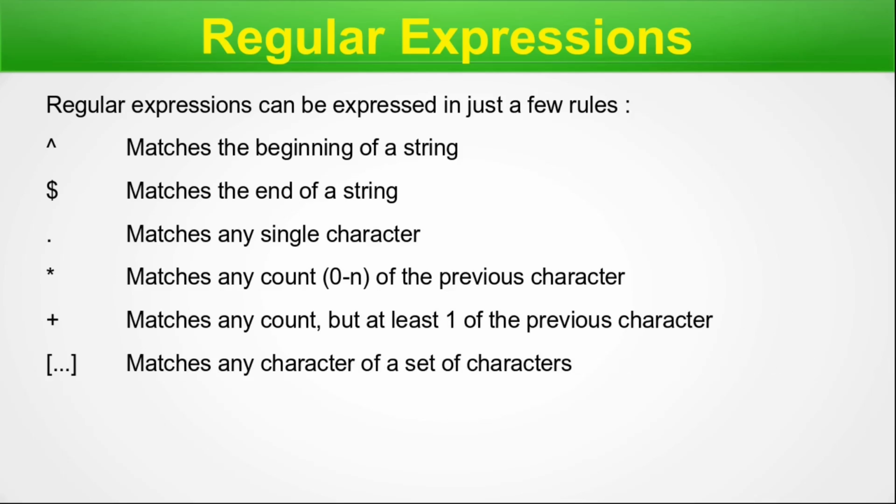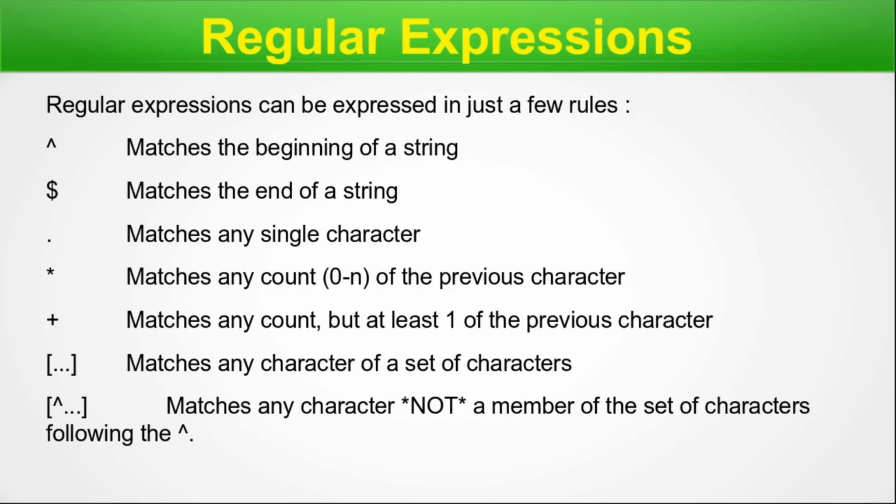Square bracket matches any character or a set of characters. Caret, when used inside the square bracket, matches any character not a member of the set of characters following the caret. Parentheses group a set of characters into a subspecification, so this is used for group matching. These are the few rules for regular expressions in Tcl. We are done with this slide. Let's move on to the next one.